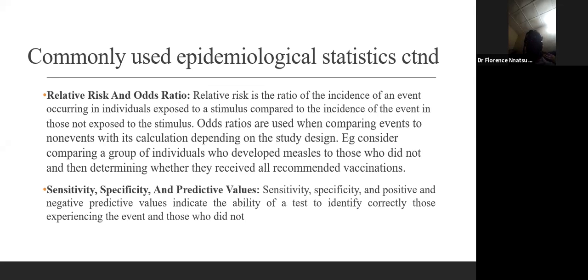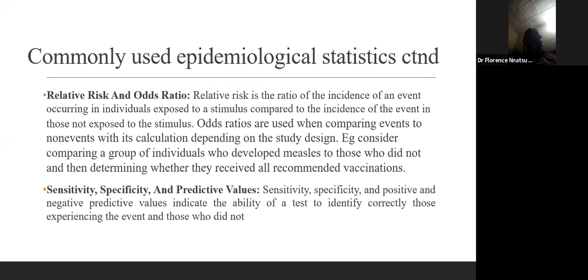Commonly used epidemiological statistics: relative risk and odds ratio. Relative risk is the ratio of the incidence of an event occurring in an individual exposed to a stimulus compared to the incidence of the event in those not exposed to the stimulus.